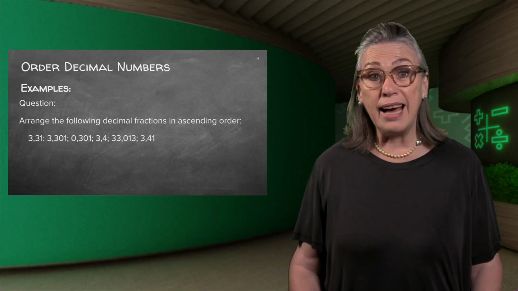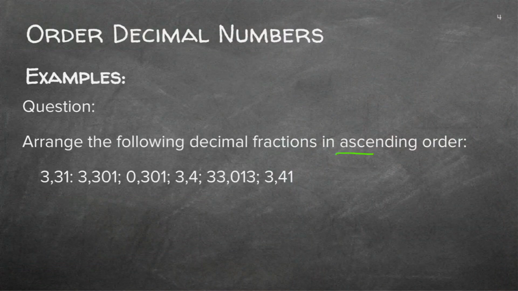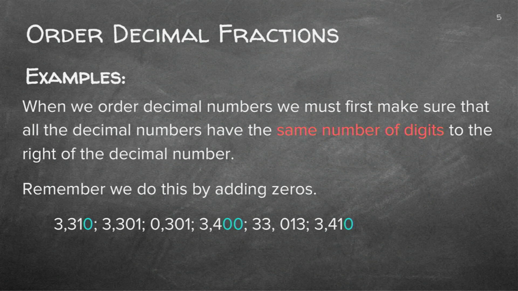So now we have got this one. They ask us to arrange the following decimal fractions in ascending order. Now remember, what is an ascending order? It is from the lowest to the highest. Okay, so they ask us to arrange these fractions in that order. So what is the first thing we're going to do? First thing, we're going to make sure that all the numbers have the same number of digits to the right of the decimal comma.